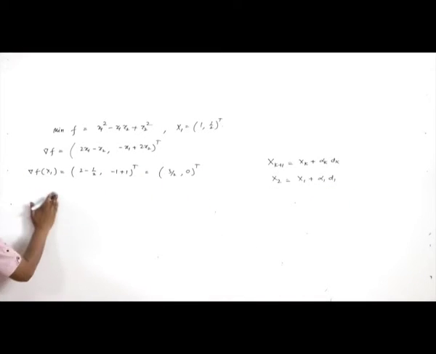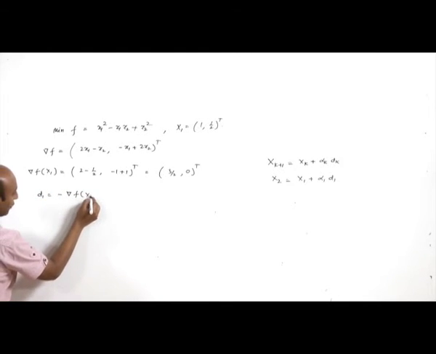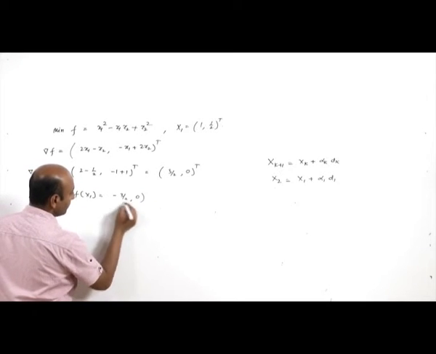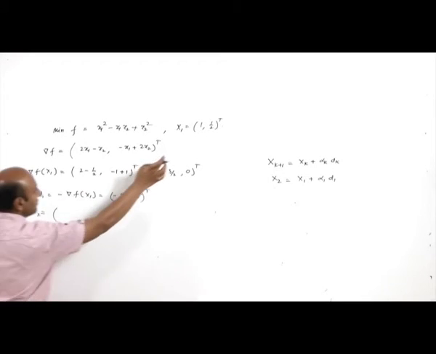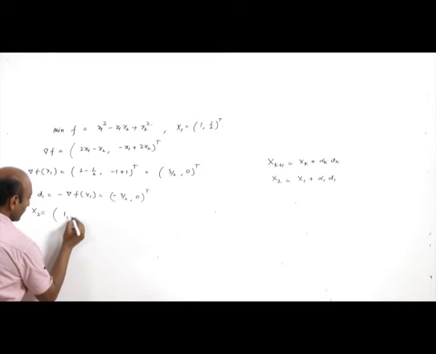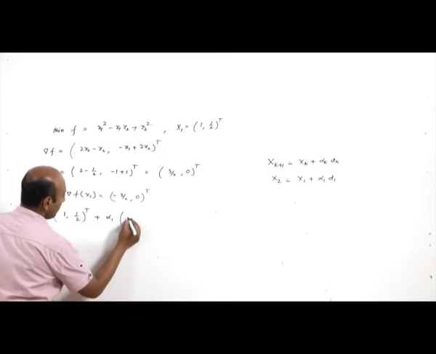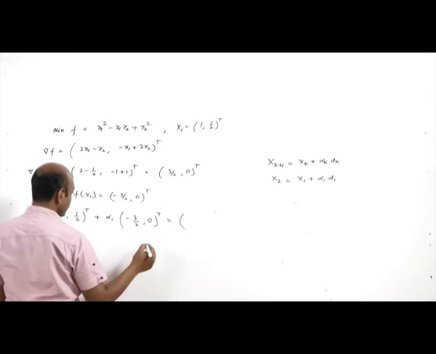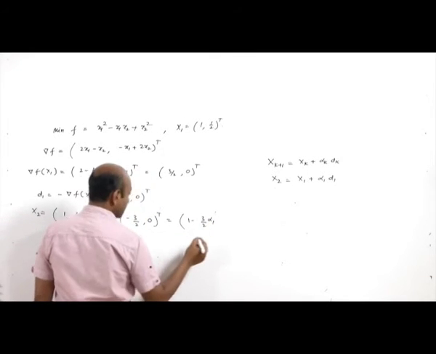So what will be d1? d1 is simply the negative of the gradient of f at x1, so it is minus 3 by 2 comma 0. So what x2 do we obtain from here? x1 is 1 comma half, plus alpha 1 times d1, which is minus 3 by 2 comma 0, which equals 1 minus 3 by 2 alpha 1, comma 1 by 2.